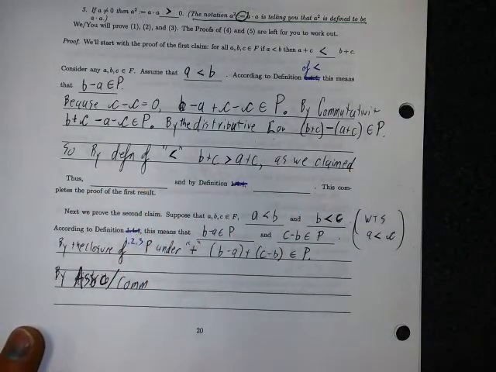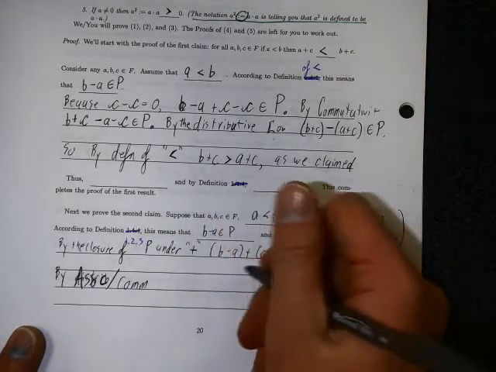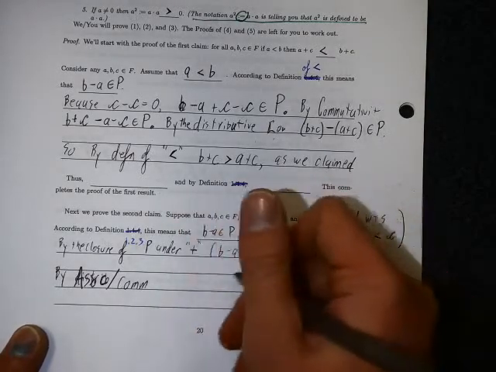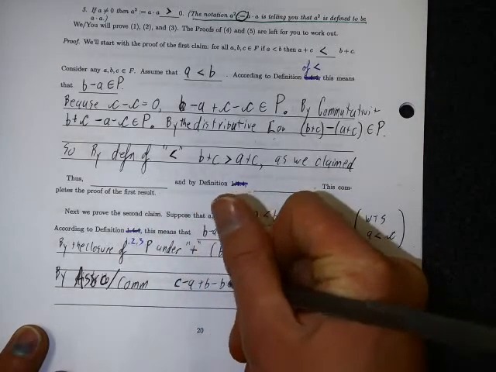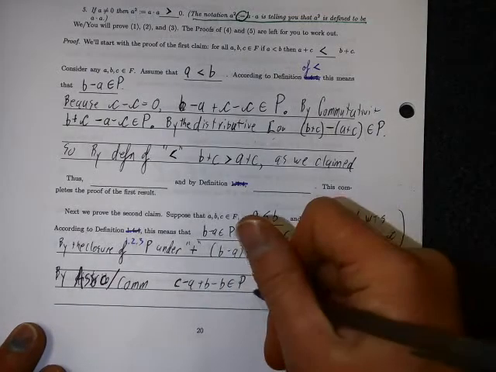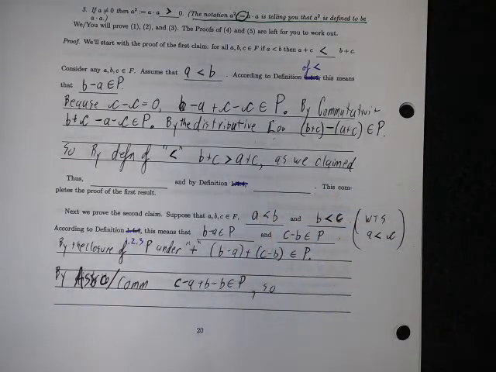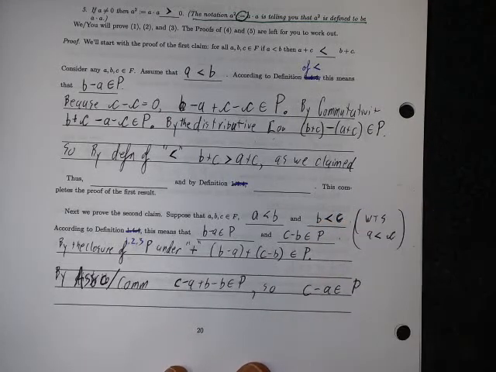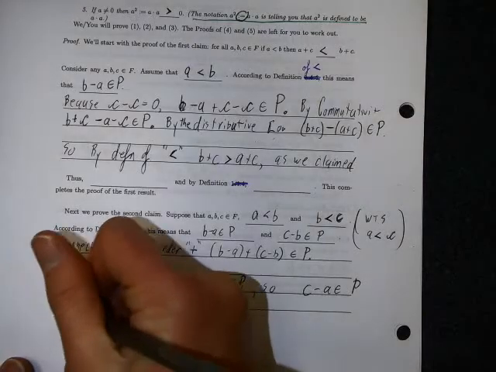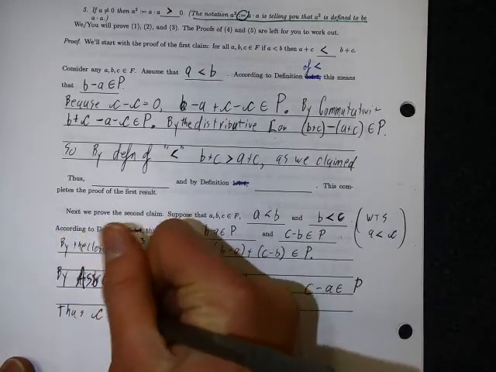I see that C minus A plus B minus B is in P. So what can I conclude because of that? C minus A is in P. So what can I conclude because of that? So does that mean we're done? Yeah, that's exactly what we claimed.